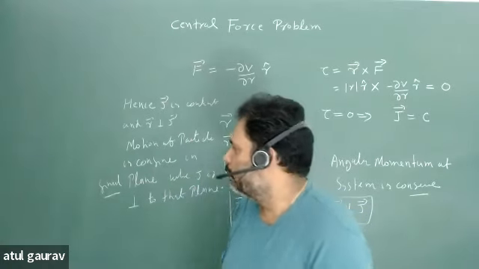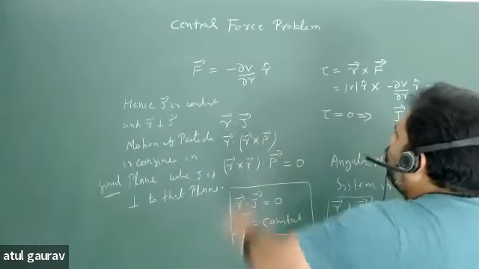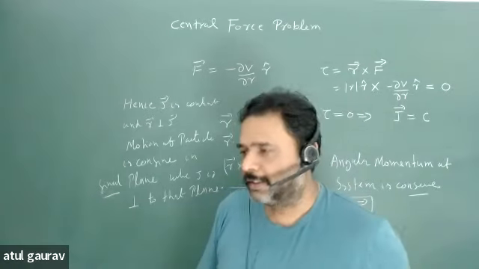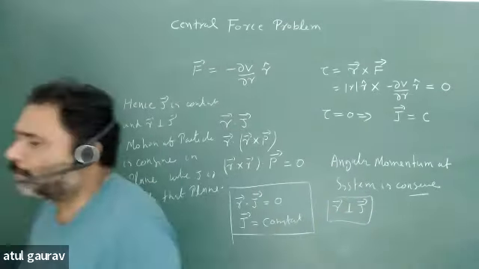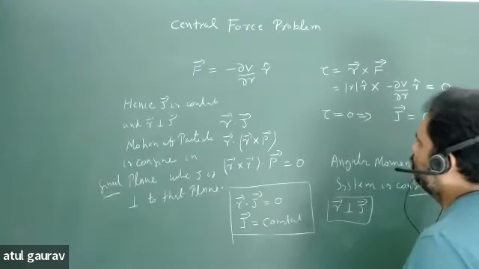So what is going to happen? We have to solve this particular central force problem in polar coordinates in a two-dimensional plane. So let's try solving the central force problem in polar coordinates, mainly in a two-dimensional plane.